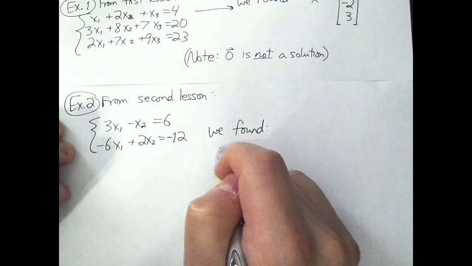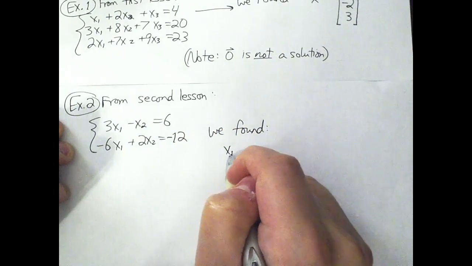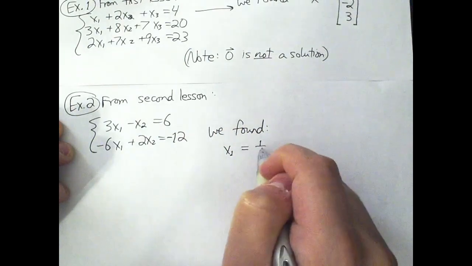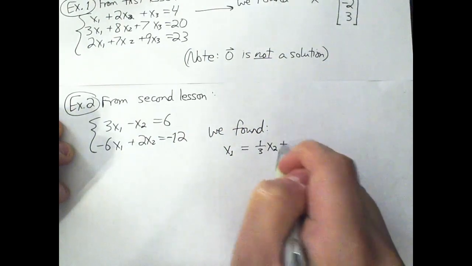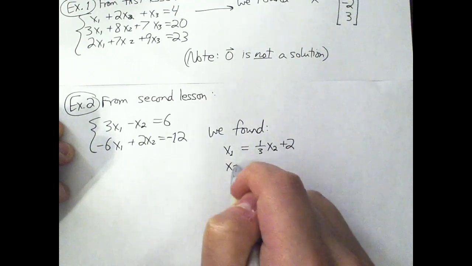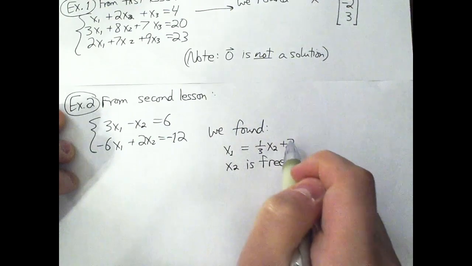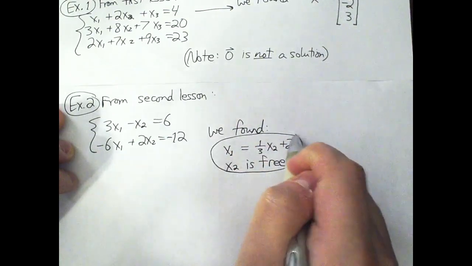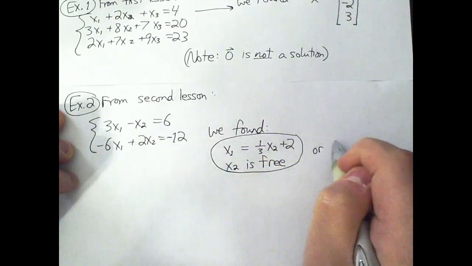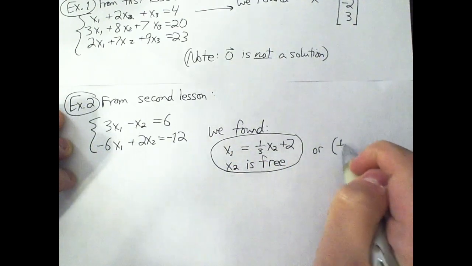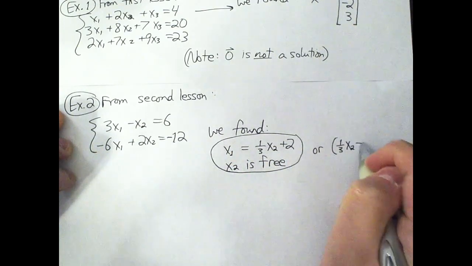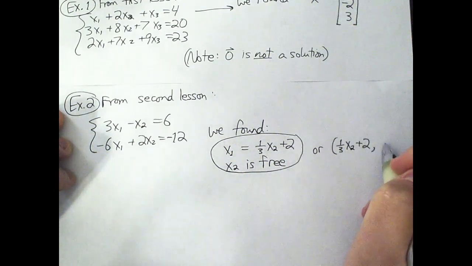I'm skipping the work because we did this already, but we found x1 equals 1/3 x2 plus 2, and x2 is free. And I think that back then we wrote the solution like that, or as coordinates: 1/3 x2 plus 2, comma, x2.